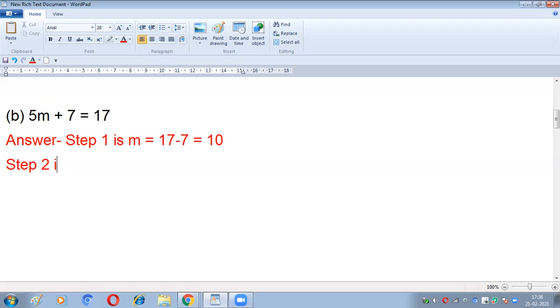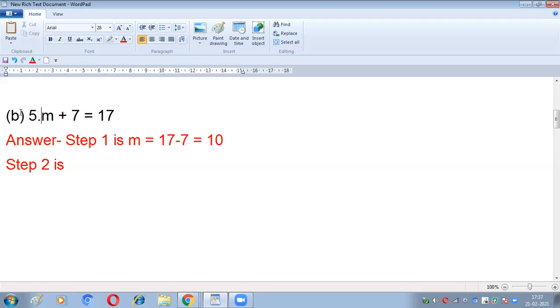So our second step will be to shift 5m to the right hand side. So how will this 5m move to the right hand side? See here, 5m means 5 multiplied by m. So here we can put a point so that it indicates that here is a multiplication sign.